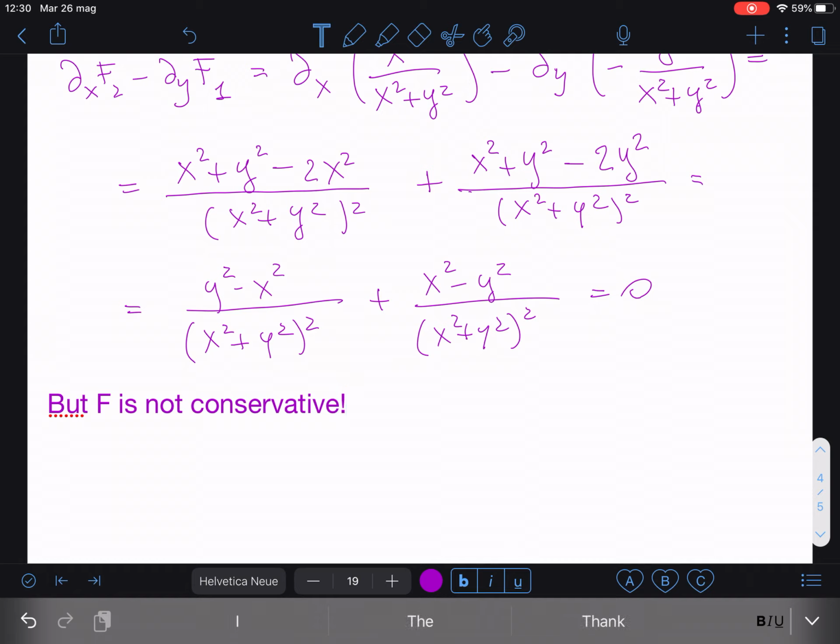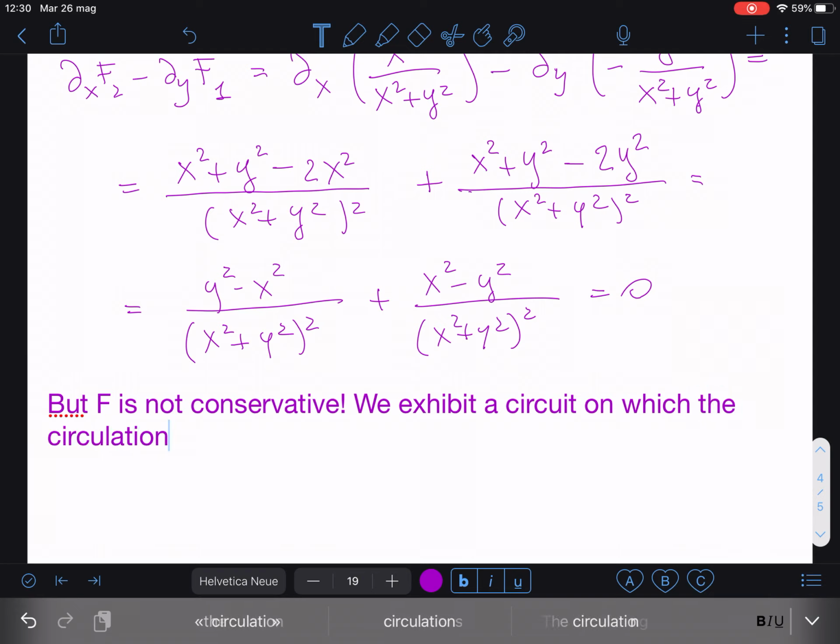Okay. In order to do that, we exhibit a circuit on which the line integral, so the circulation of f, is not 0.